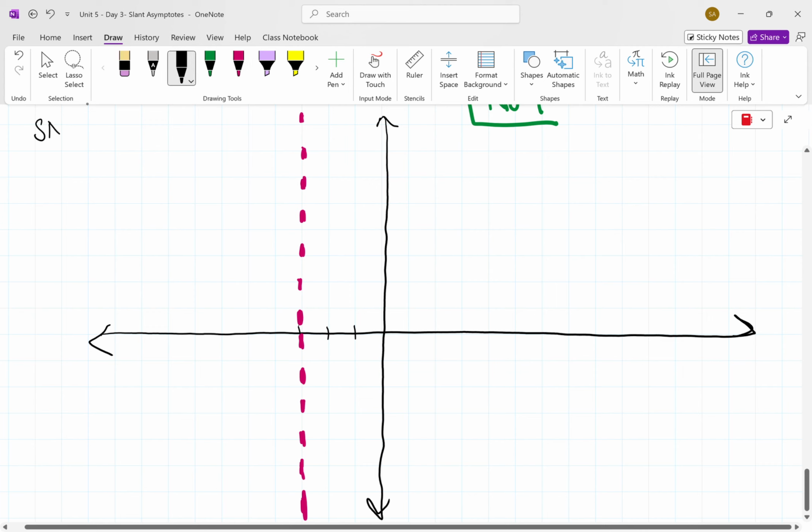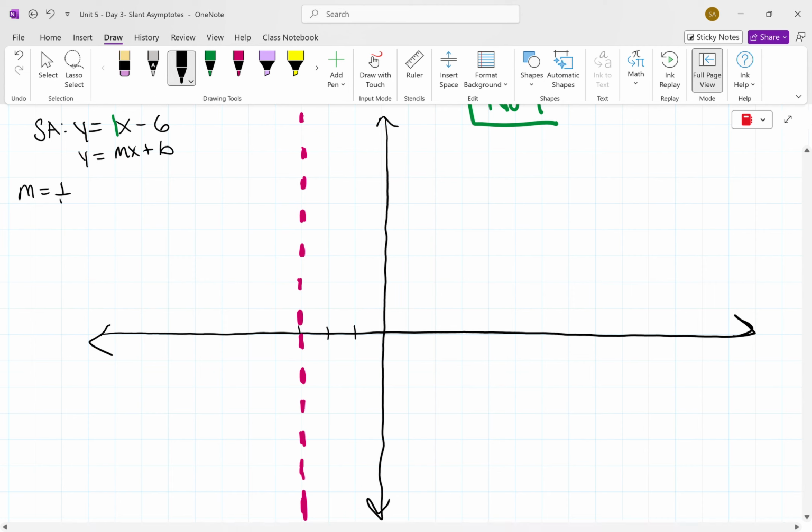Then we're going to sketch our slant asymptote. Now remember, our slant asymptote was the equation y equals x minus 6. Well, we know that's a 1x, and we know this should look like y equals mx plus b. So my slope is 1 over 1. My y-intercept is negative 6.